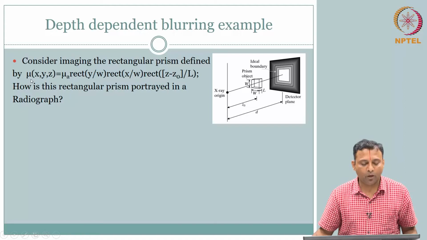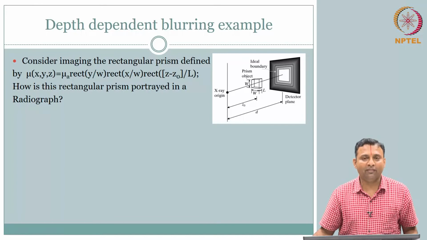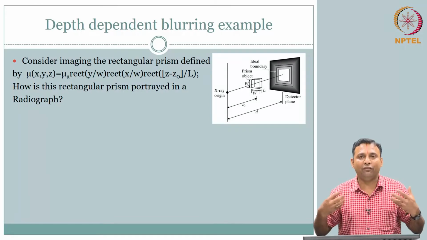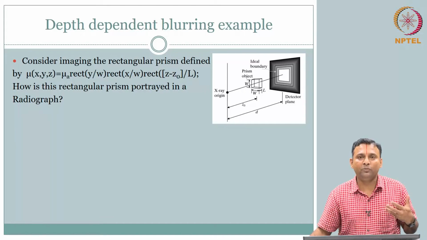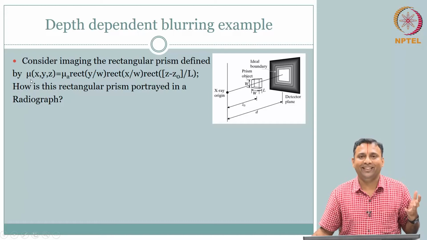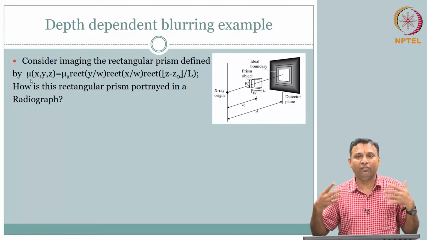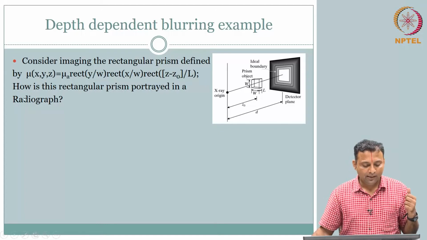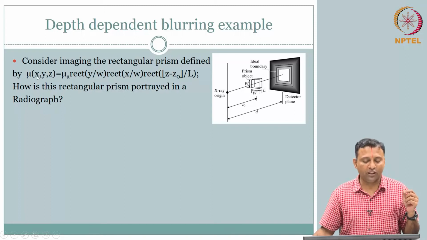The way we can look at it is, consider imaging a rectangular prism; essentially I am saying this is my object. Remember silently what I have incorporated here. When I talk about the object, the underlying f of x comma y, I am talking specifically about a distribution of the attenuation coefficient to X-ray, because you are dealing with X-ray imaging. The meaning of f of x comma y is a variation or distribution of mu, which is a function of x comma y comma z.